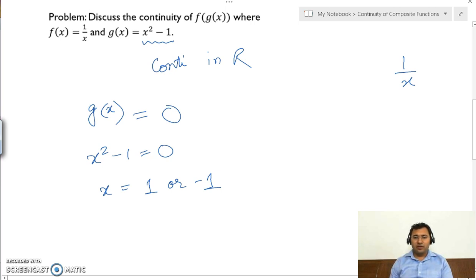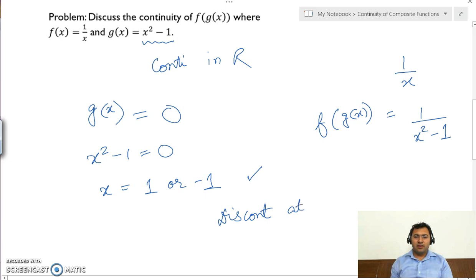Now, if we define f of g(x), it will become 1 upon x square minus 1, which is obviously discontinuous at 1 and minus 1 both, because f of g(x) will be undefined at both these points. So if f is undefined at these points, the functional value will not be obtainable at 1 and minus 1. Hence the function will be discontinuous at x belonging to minus 1 and 1.